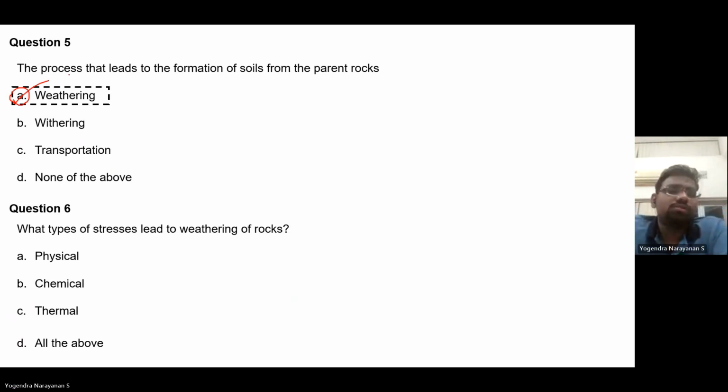Let me repeat the question. What type of stresses lead to weathering of rocks?